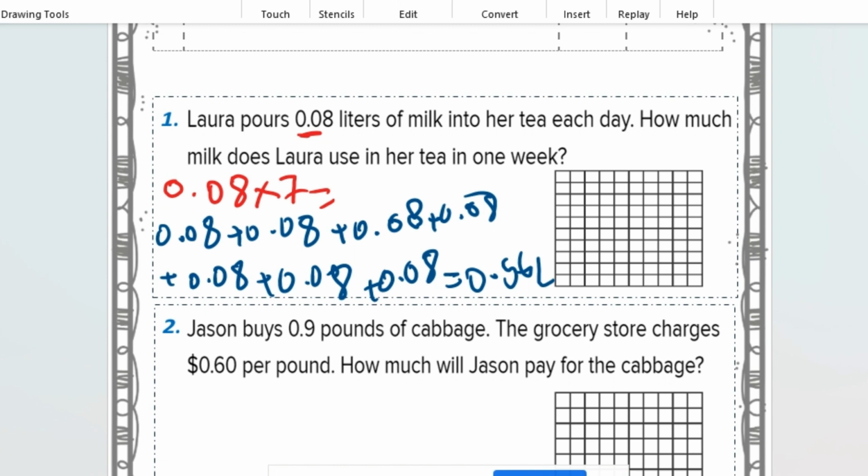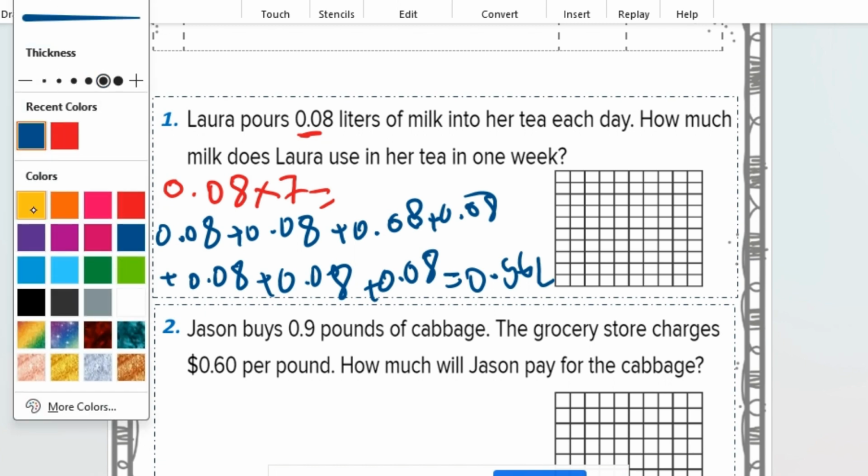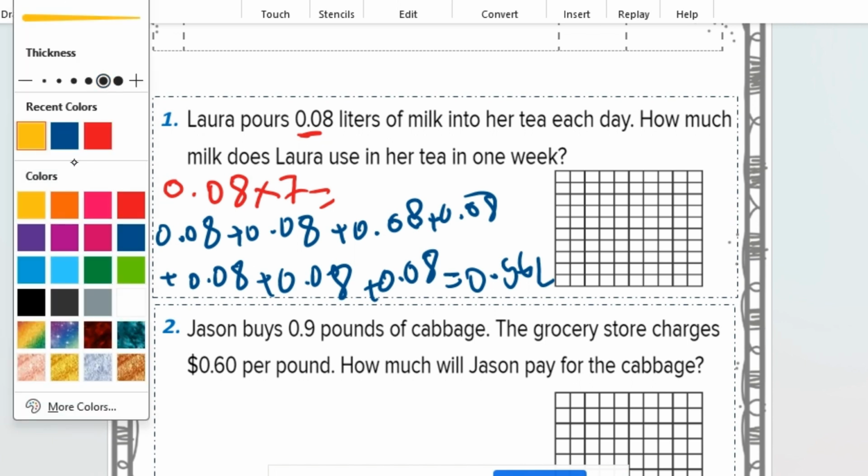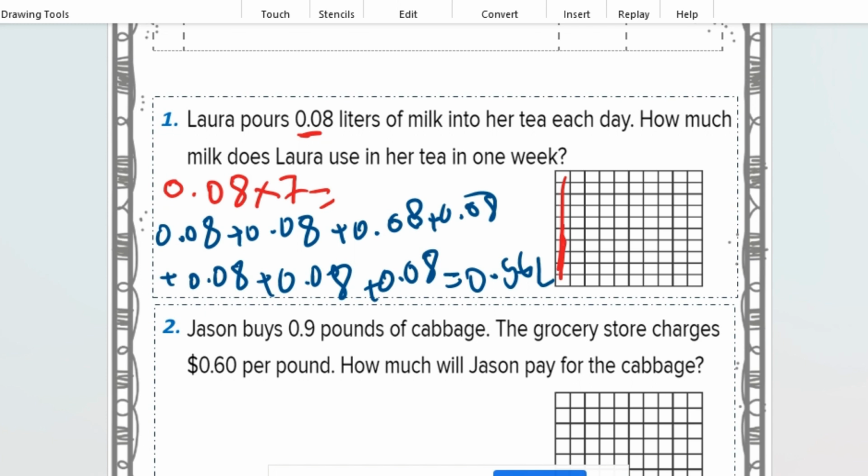How do you use the decimal grid? Each cube is 0.01, or 1 out of 100, and we want 56 cubes. This whole column is 1 out of 10, this is 2 out of 10, this is 3 out of 10, 4 out of 10, and 5 out of 10.